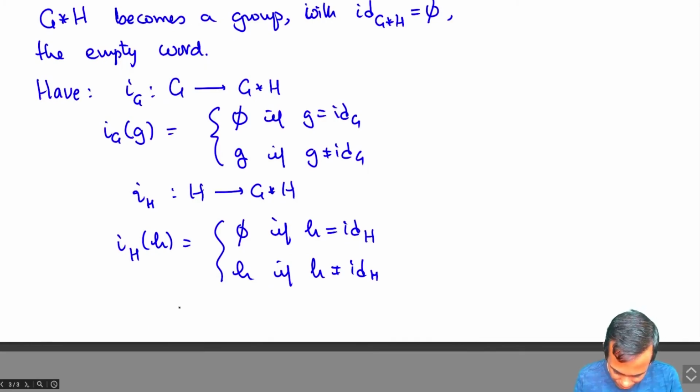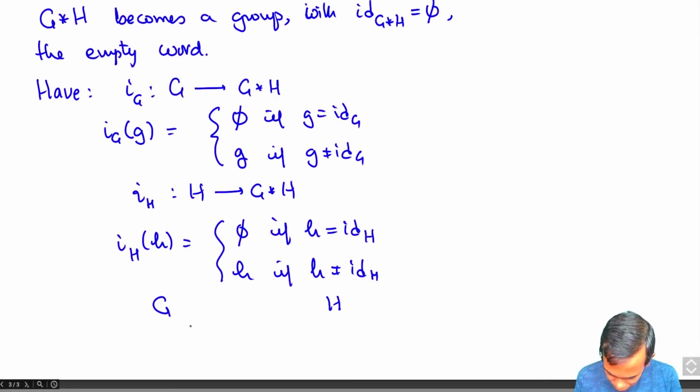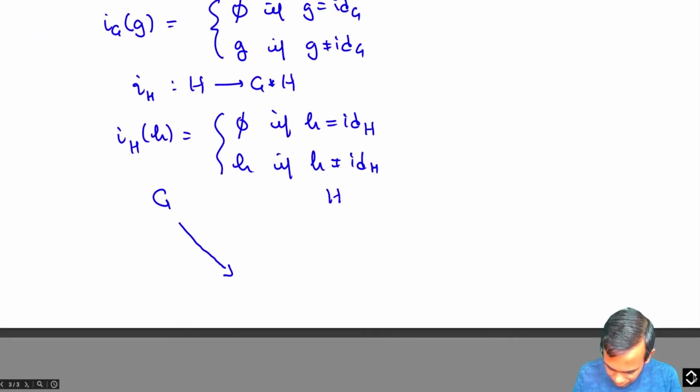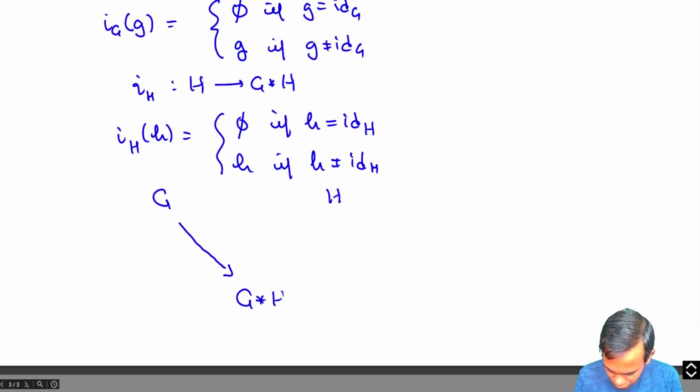So now we have G, H, and then we have G star H, with IG and IH.